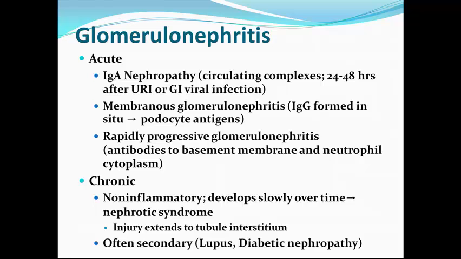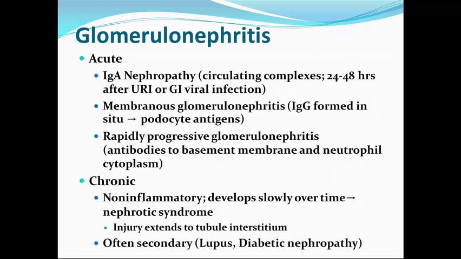IgG is either formed in situ or is present in circulating antibodies. This then reacts with the podocyte, which is an antigen. These complexes then activate complement, and we're well on our way to that inflammatory process.